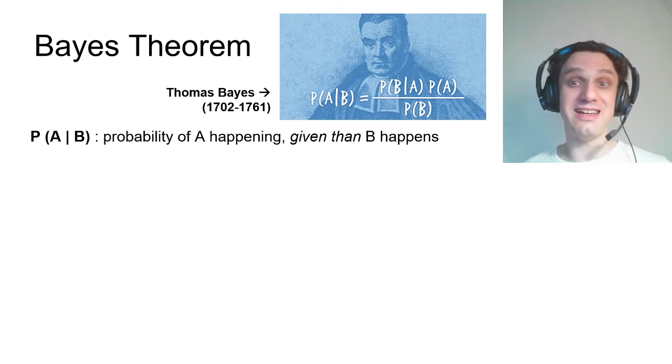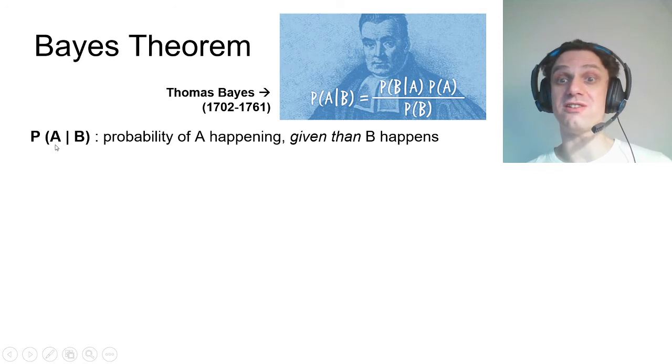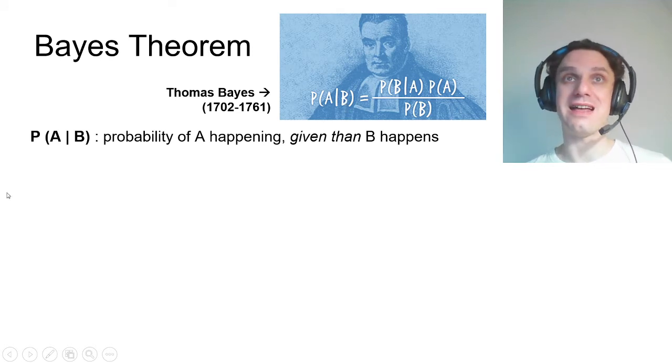So here this notation P is for probability, and A vertical line B is a conditional probability. It's the probability of A happening given that B has happened. So it's a conditional probability of A given B. And you can calculate this probability thanks to Bayes' theorem.